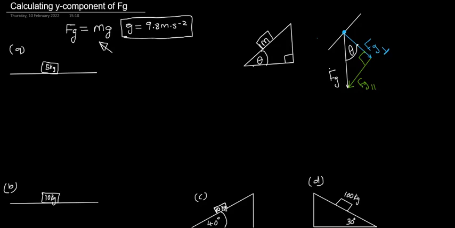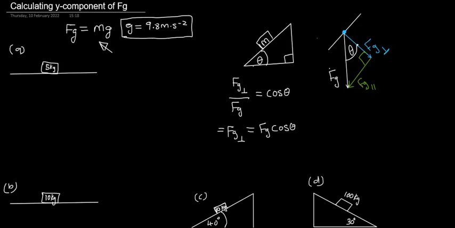So we can write it like this: Fg perpendicular divided by the force of gravity is equal to the cos of that angle. Resolving that, Fg perpendicular equals Fg, the original gravitational force, times cos of the angle.